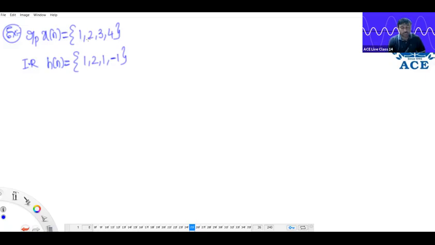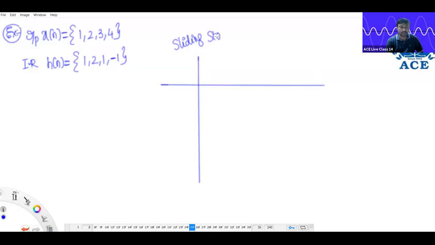At 0, amplitude 1, at 1 it is 2, like that. Of course, here it is a clear indication of applying the convolution property of impulse, which is quite lengthy. Expressing them in terms of impulses and applying the property is quite lengthy. So we are using a simple method called the sliding strip method.